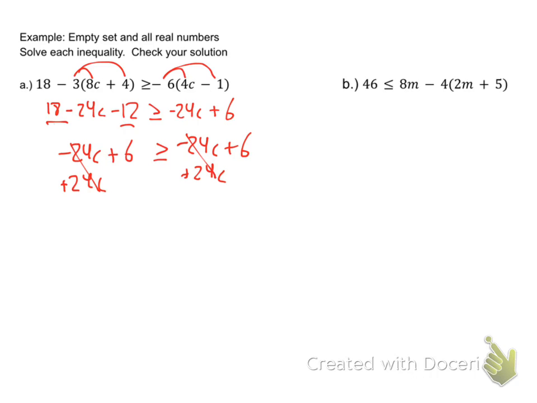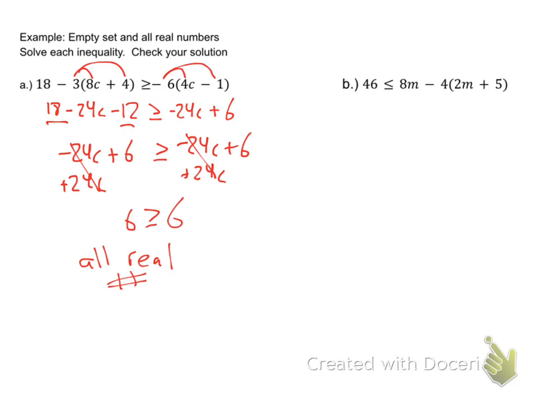And those go away. So I get 6 is greater than or equal to 6. Wait, when does that ever happen? When is 6 greater than or equal to 6? And you're going to say all the time. So it's all real numbers. Any number I put in for c will make this problem true. That is all real numbers.